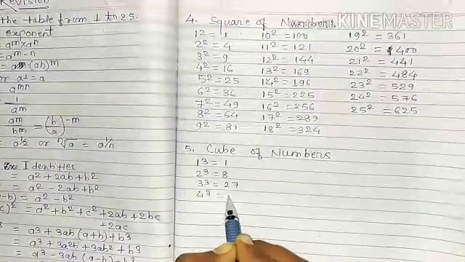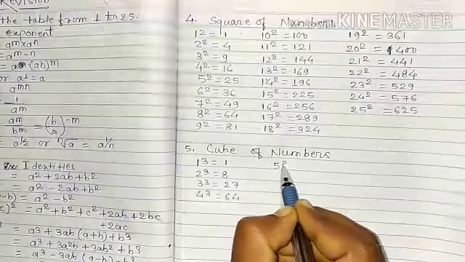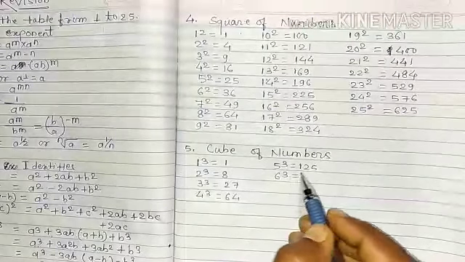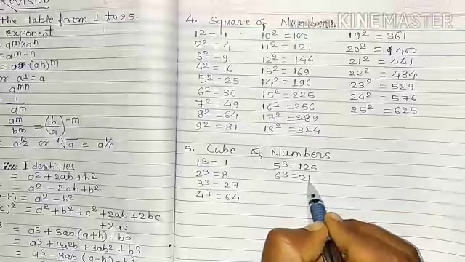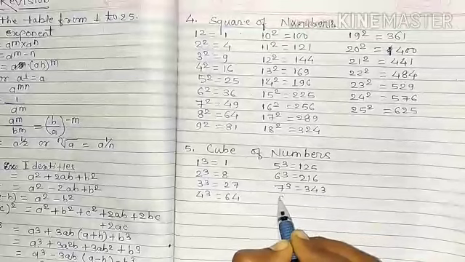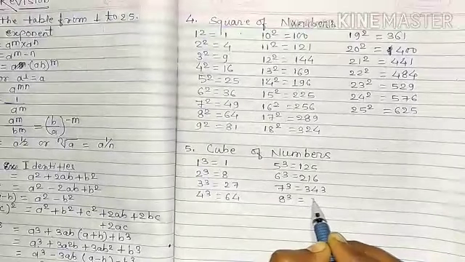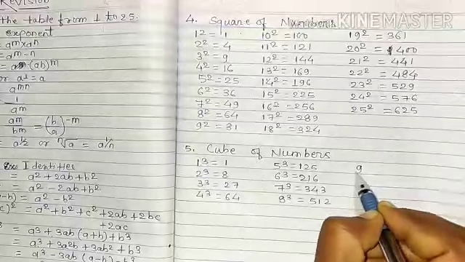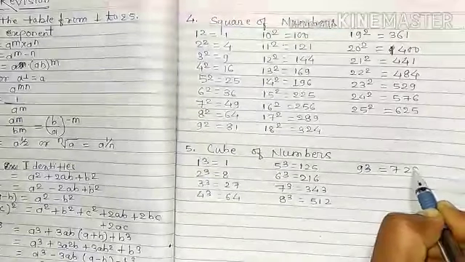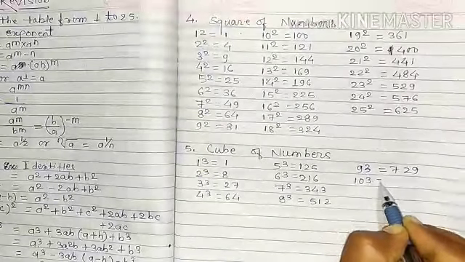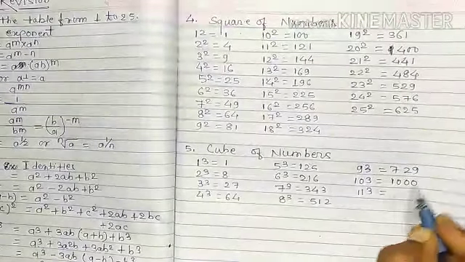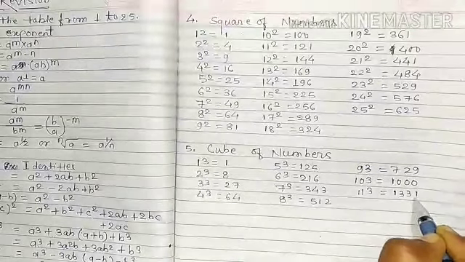4 cube equal to 64, 5 cube equal to 125, 6 cube equal to 216, 7 cube equal to 343, 8 cube equal to 512, 9 cube equal to 729, 10 cube equal to 1000, 11 cube equal to 1331.